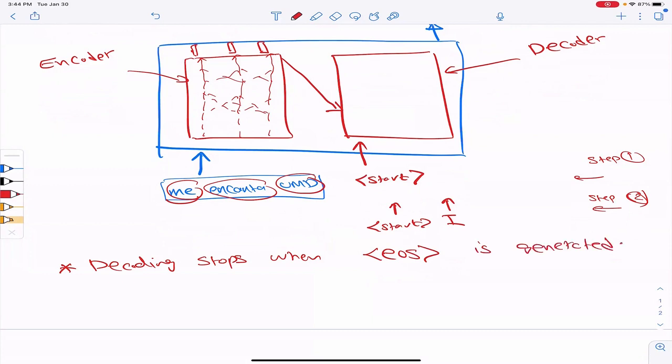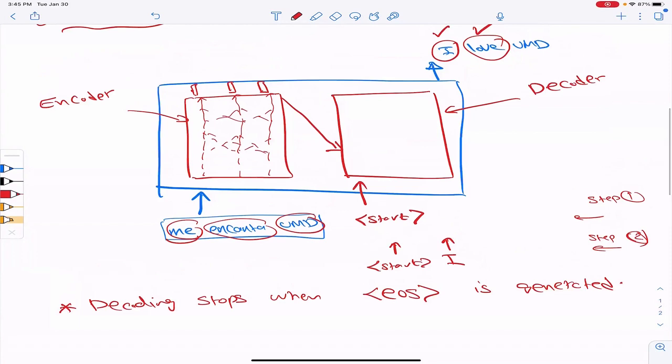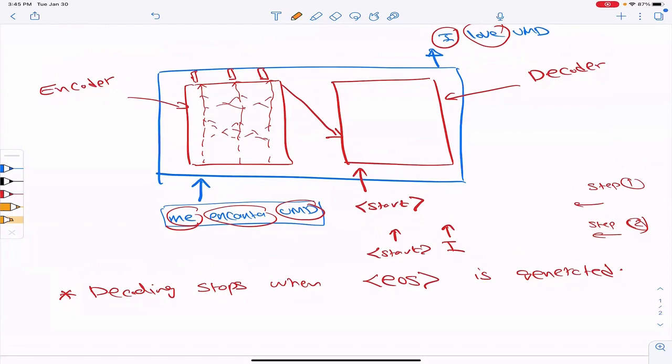That is the way that transformers work at a high level from an application point of view. As you can see, every step of the decoder depends on the previously generated tokens. That is why these models are also referred to as autoregressive models.